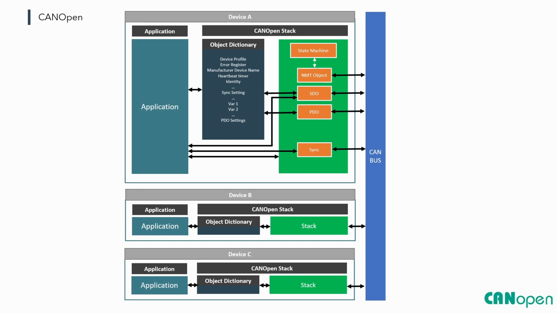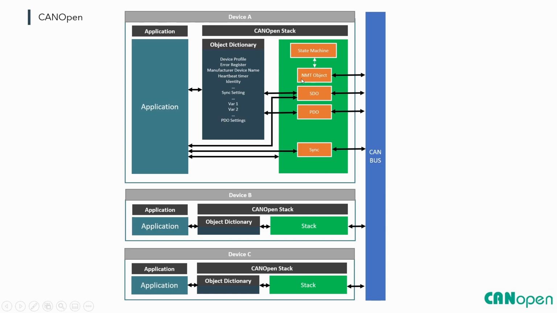So device B and device C will be configured so that they transmit the information right after they receive a sync packet. They receive a sync packet, they transmit the last sensor information, and the central unit will use that information and process based on it. Okay, so that's another feature of the CANOpen stack.